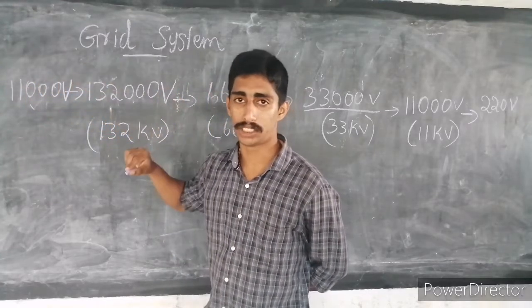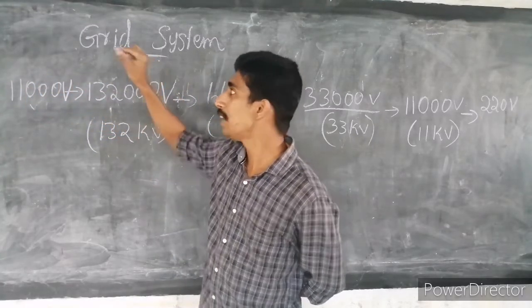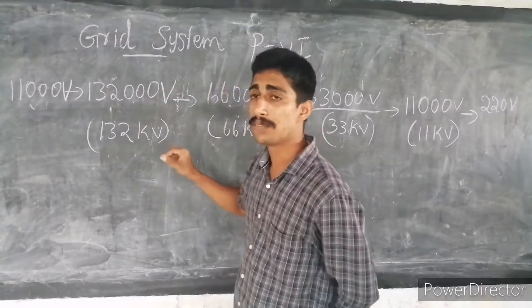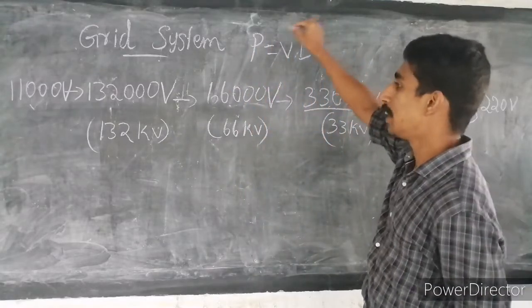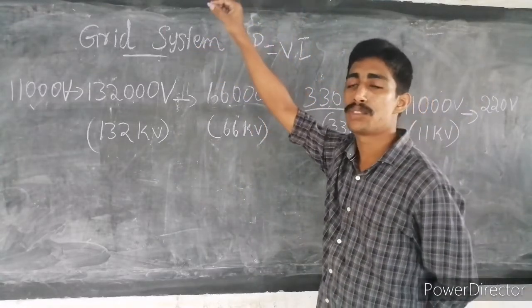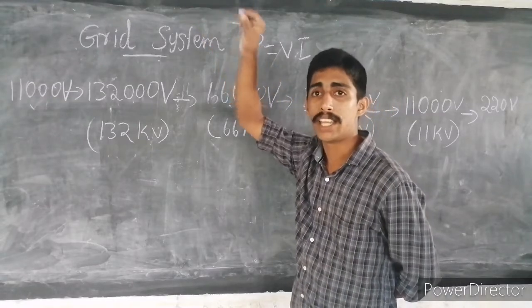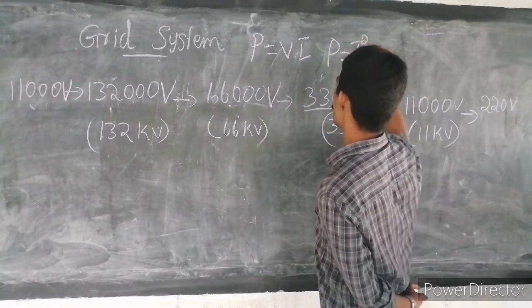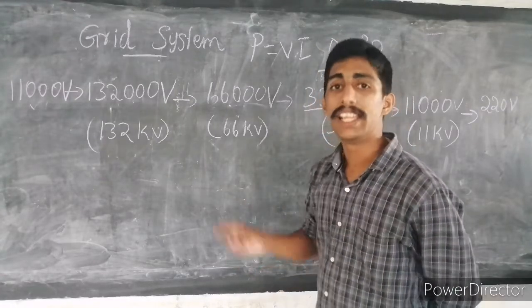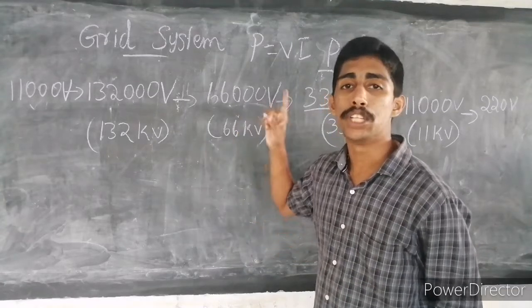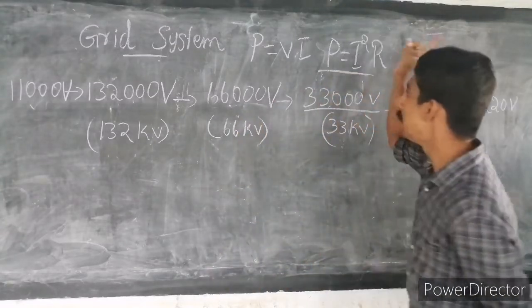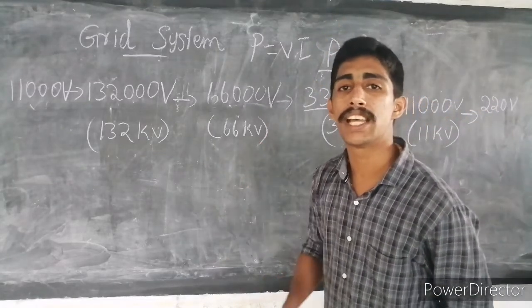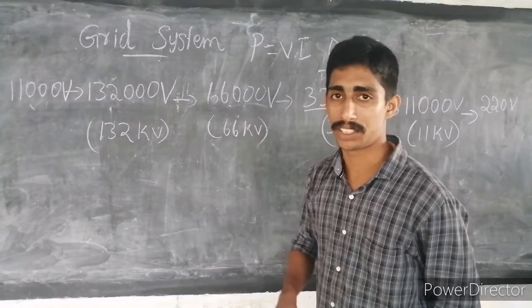We know P is equal to VI. If the electric current is very high, then due to the equation P is equal to I square R, power loss will take place.